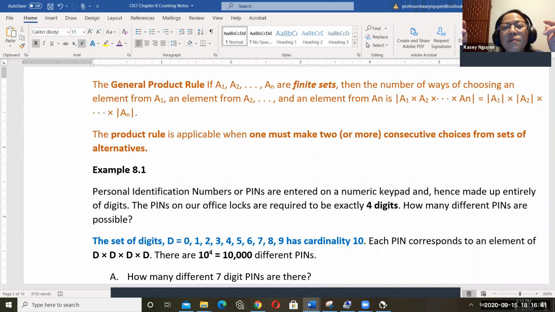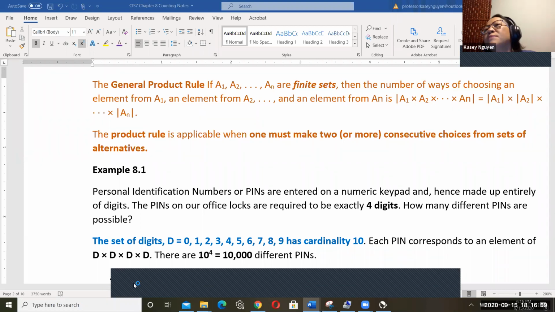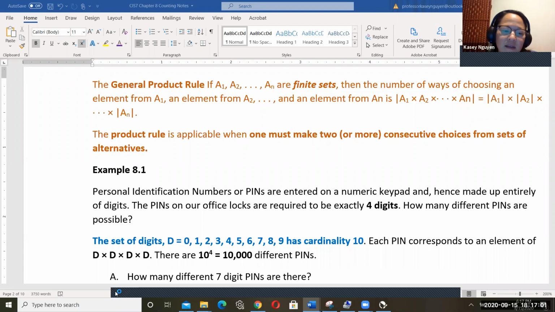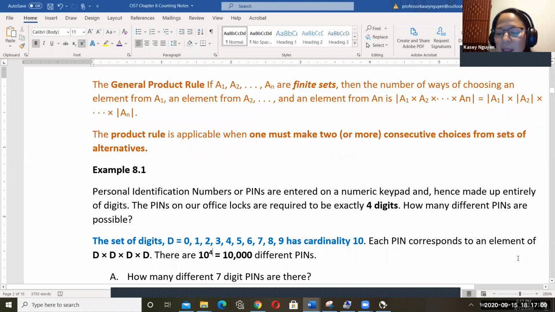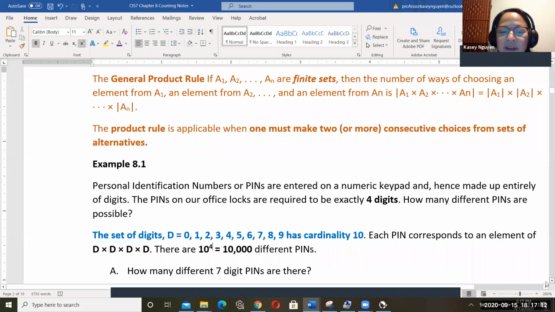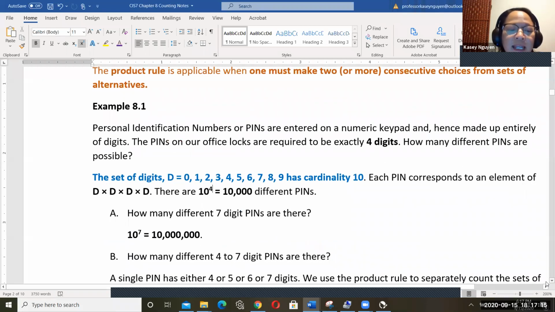So you would still use the product rule, but for the second choice in the entree, if you select another entree, you cannot reuse that option, so you have to subtract 1. Any questions?